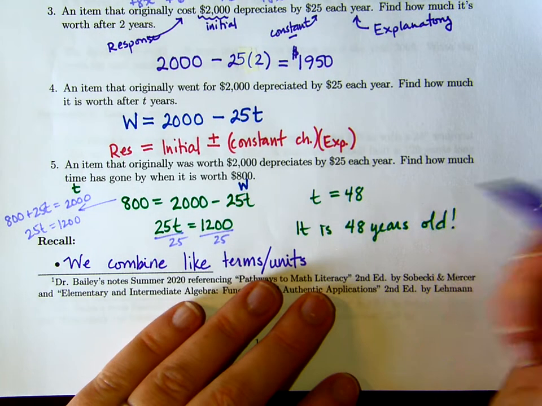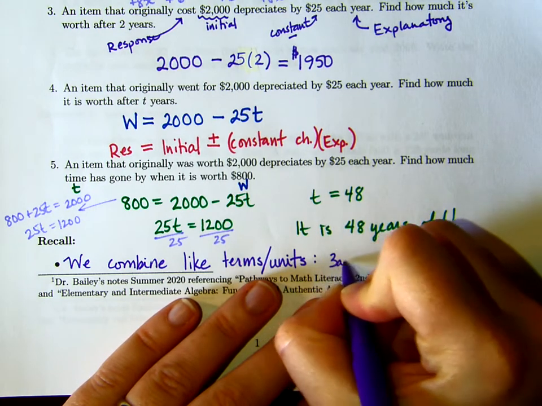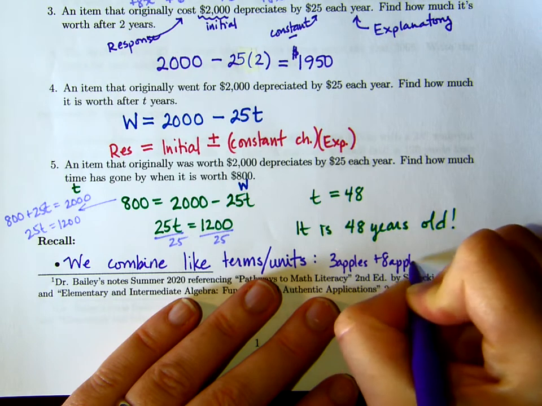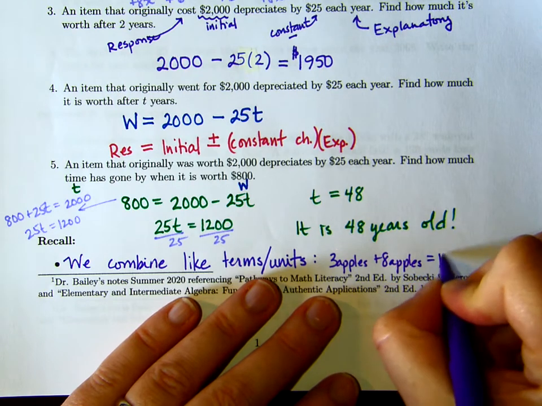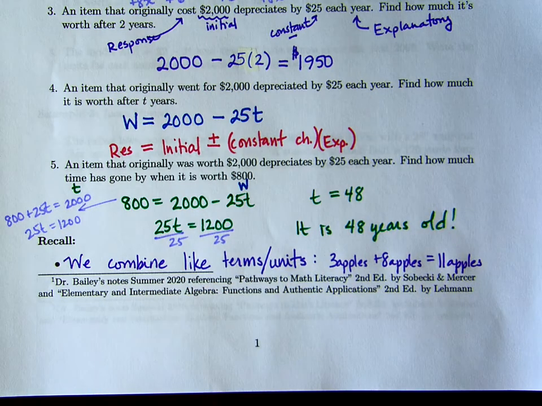For instance, 3 apples plus 8 apples is 11 of them.